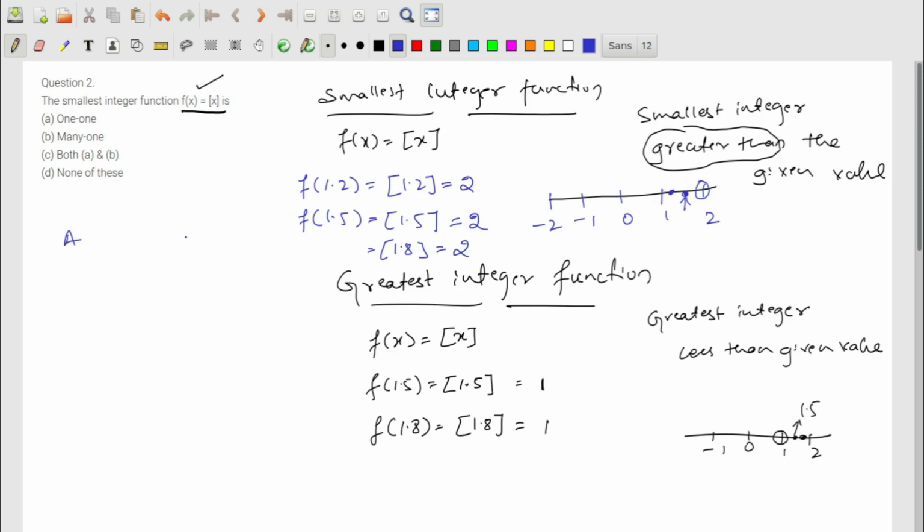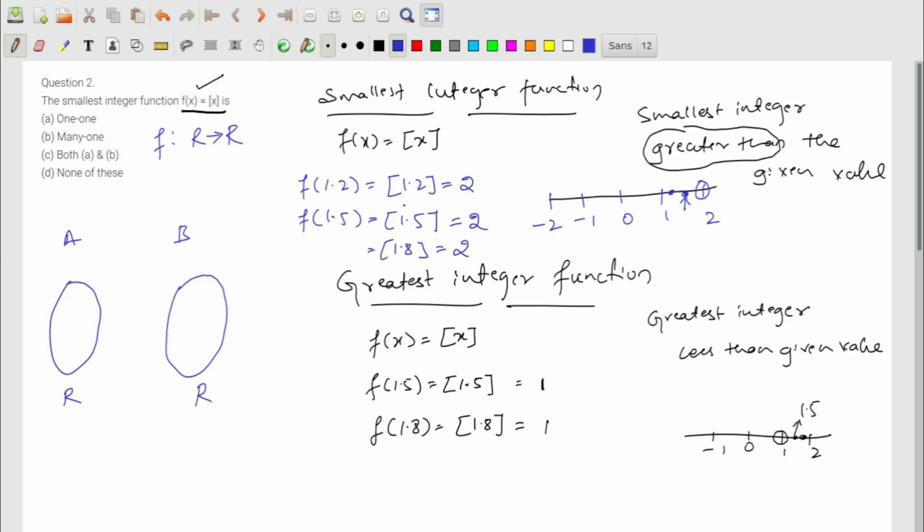If you take two sets A and B, here the domain and codomain are not given. Let me take R and R, because this greatest integer function is defined from real numbers to real numbers. So the set A is filled with all the real numbers, and set B is also filled with all the real numbers.